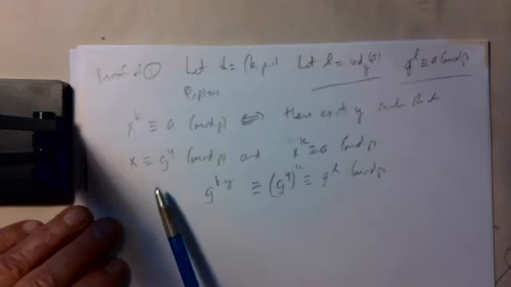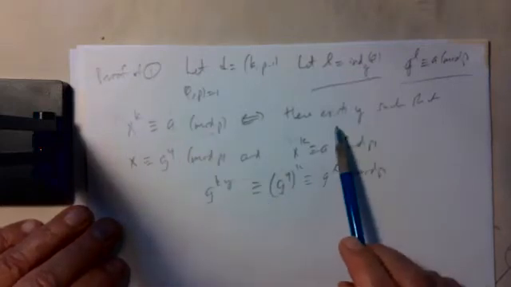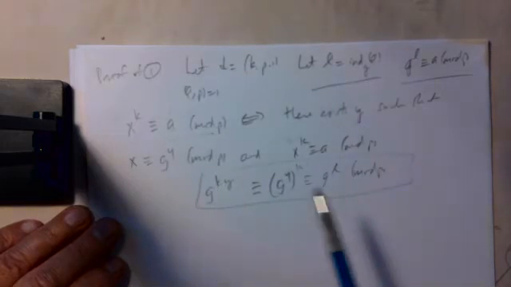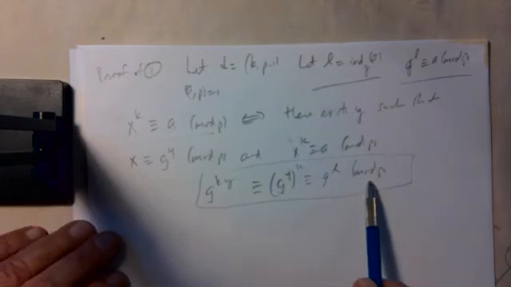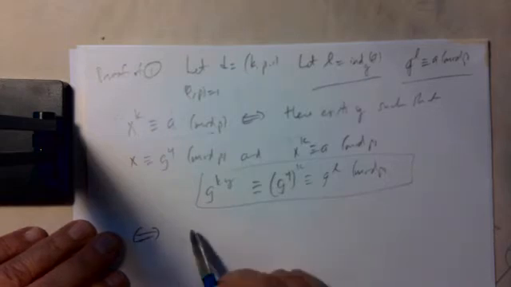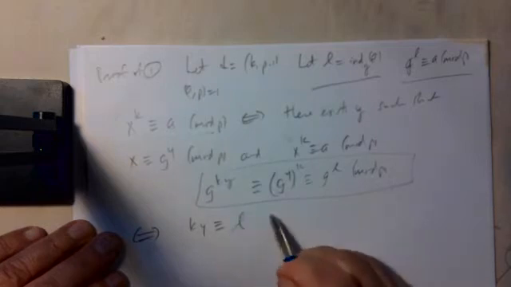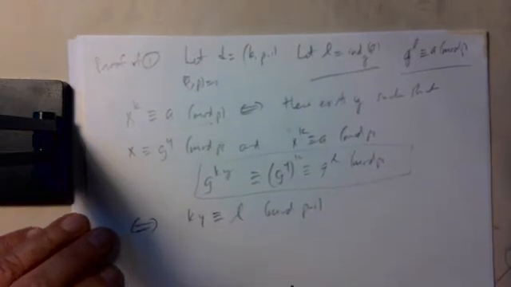So this congruence has a solution if and only if there's an integer y that satisfies this congruence. The order of g mod p is p minus 1, so this is true if and only if ky is congruent to L mod p minus 1.